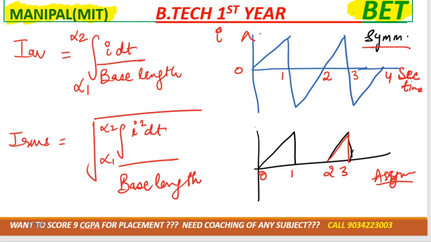Okay. Now see what is basically will do in symmetrical and asymmetrical. ध्यान से सुनना. In symmetrical we'll take the output of this one only. क्योंकि symmetrical है, so we'll take the output of the half cycle, only positive cycle.